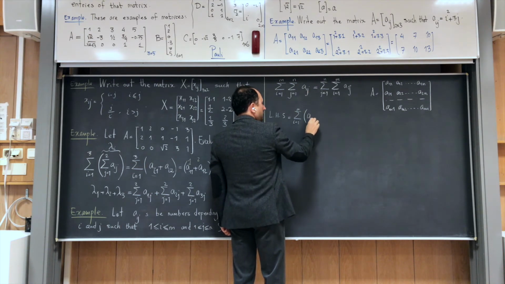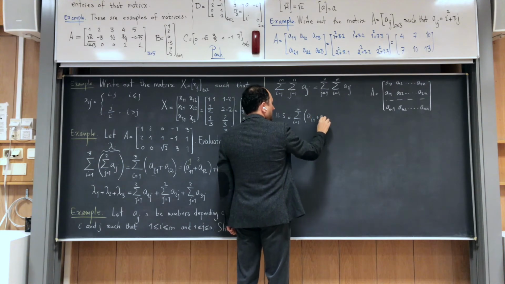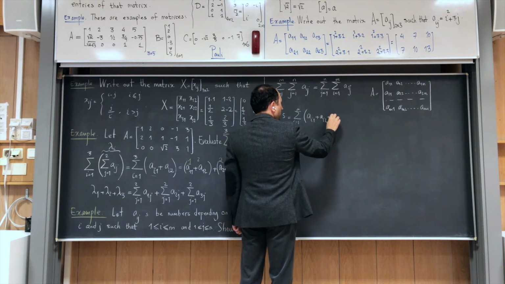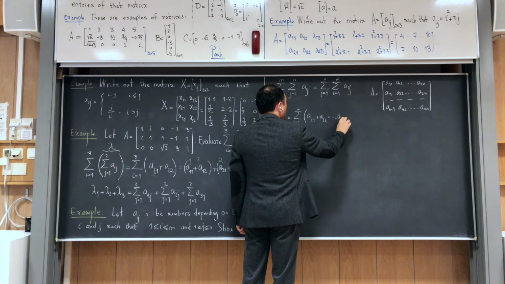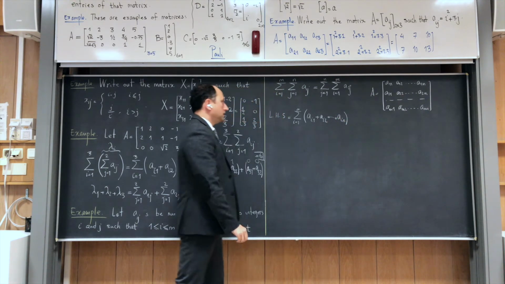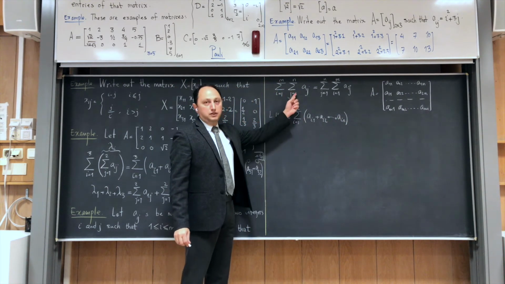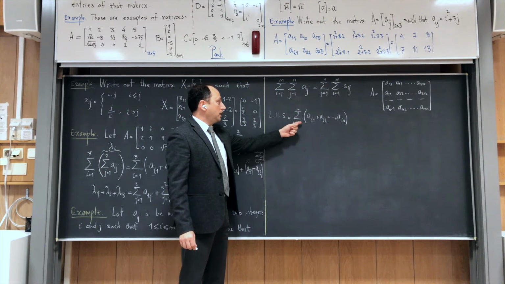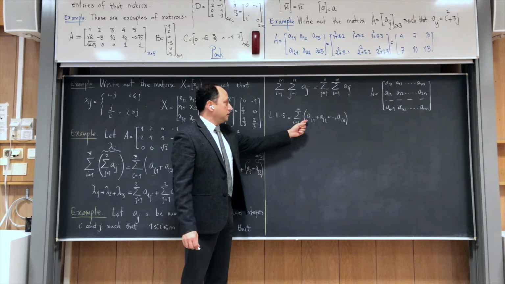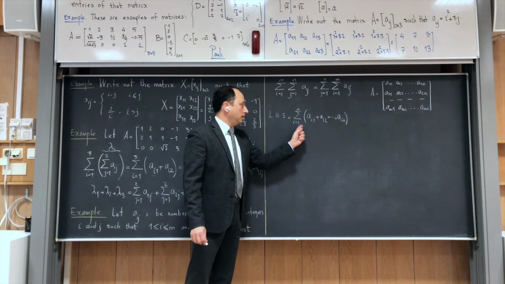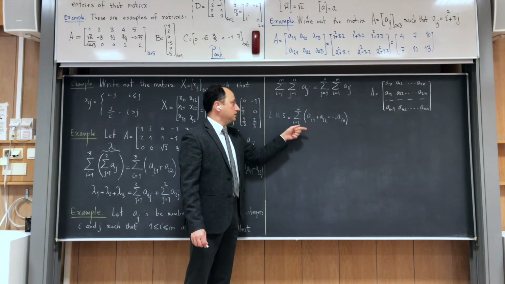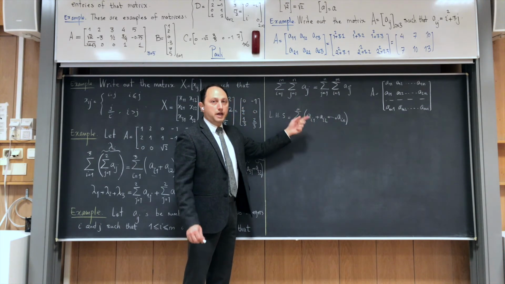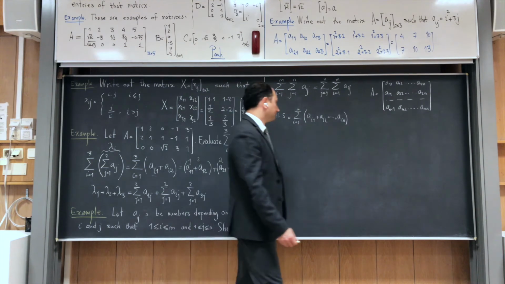So it becomes ai1, the next one is ai2, and finally I reach ain. This is when I open the inner sigma. Then I need to apply this outer sigma by replacing i's everywhere with 1, then replacing i's everywhere with 2, and continue until I reach m and add all of these things together.